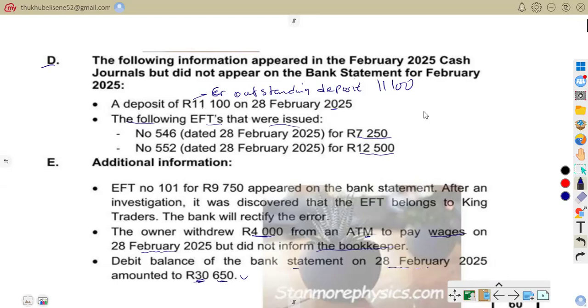So we are going to say 7,250 plus 12,500 and plus 7,000. One can ask, where does this 7,000 come from?